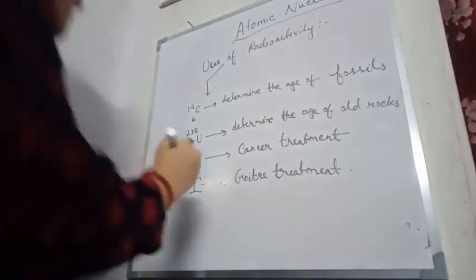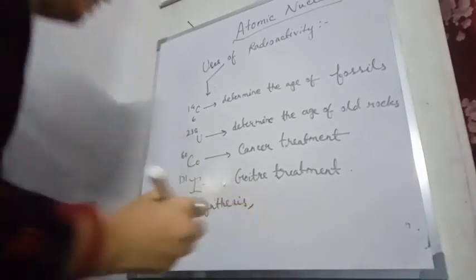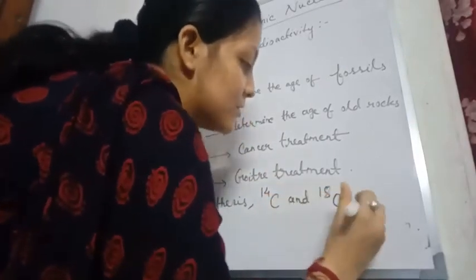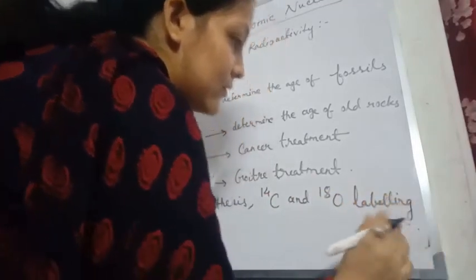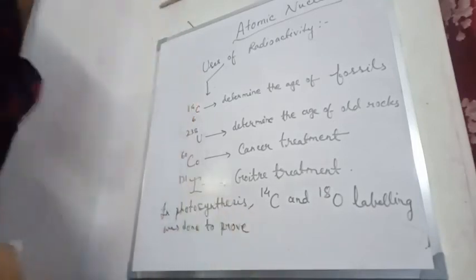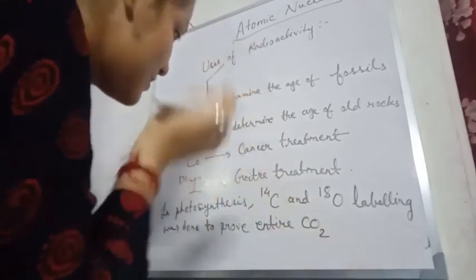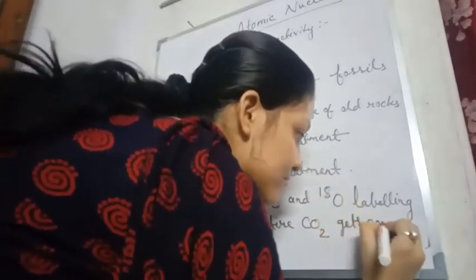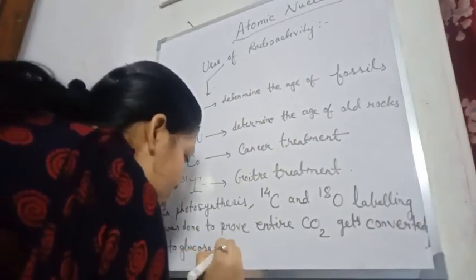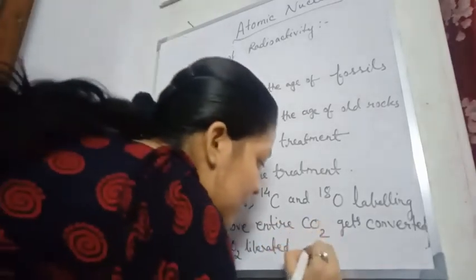Now the last one, in photosynthesis. In photosynthesis, carbon 14 and oxygen 18 labeling was done to prove that the entire CO2 gets converted to glucose, because we know in photosynthesis CO2 and H2O are the reactants, and the oxygen liberated comes from H2O.